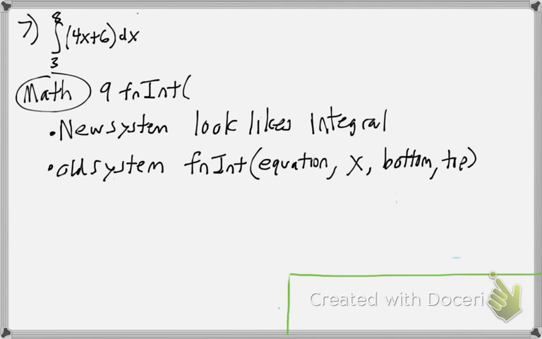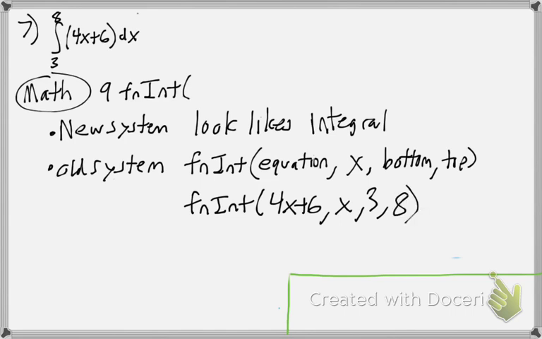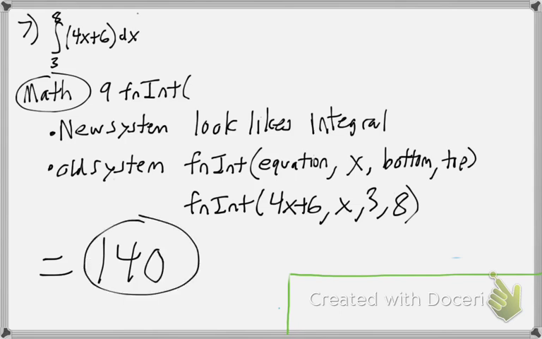So if you had the old version, it would be like this. And then if you press enter, you should get 140, which is the same thing that we got on number 1. So this is definitely a good way to check these answers.